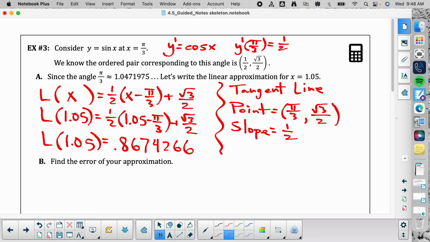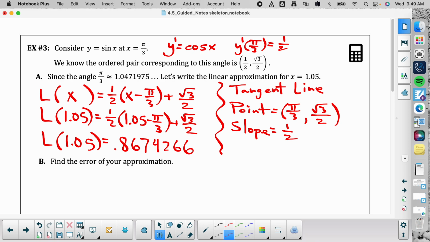So sine of pi thirds is the second number on the unit circle. That's where the point came from. The slope came from me taking the derivative of that equation, cosine, and then plugging pi thirds into my derivative, because we were trying to find the tangent line at pi thirds. I guess I didn't specify that either.